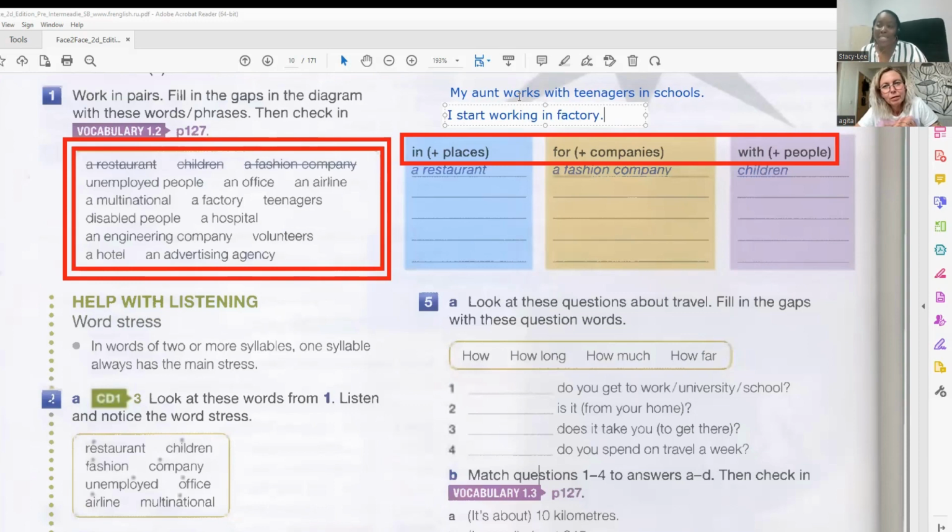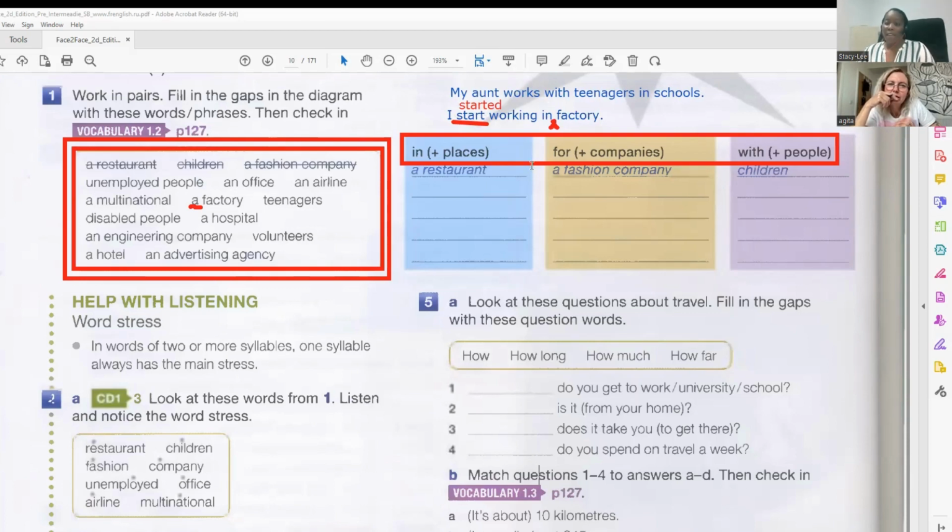We're talking about present, past, future. Here, I think you started because it is past continuous, because you started in the past and you are still working there. So we can use the past continuous: I started working in, pay attention, you realize these have an article, in a factory. Very good.